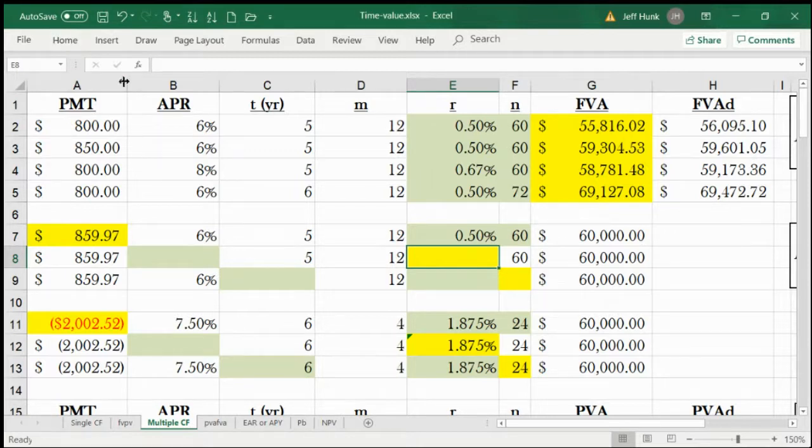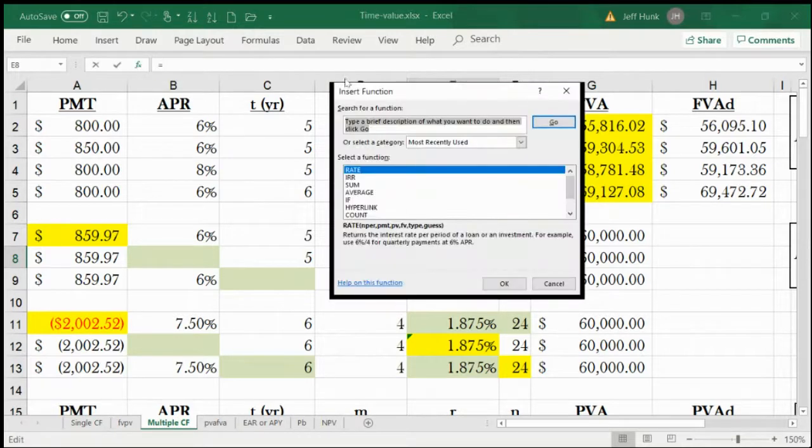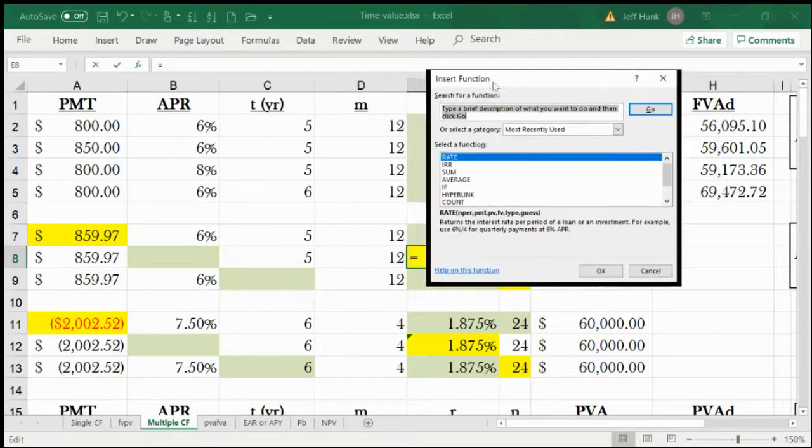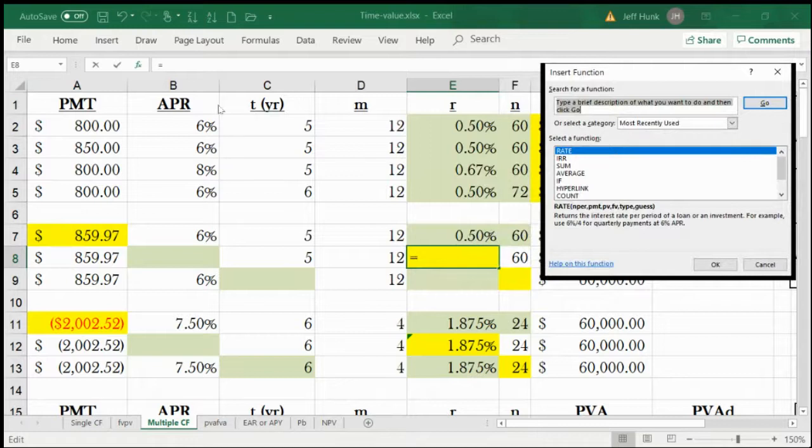Now, remember the insert function. I believe I also showed you this in the single cash flow model. So go to that, which is basically the mathematical notation for function, F of x, function of x, right?